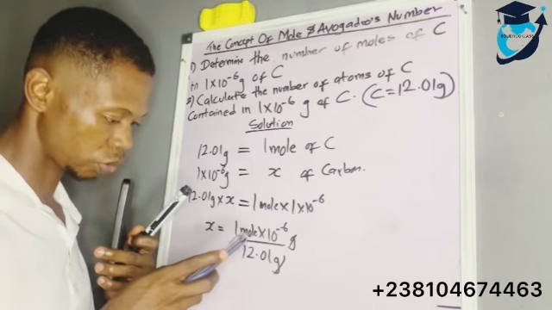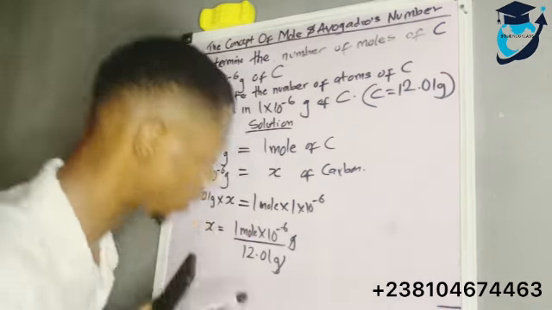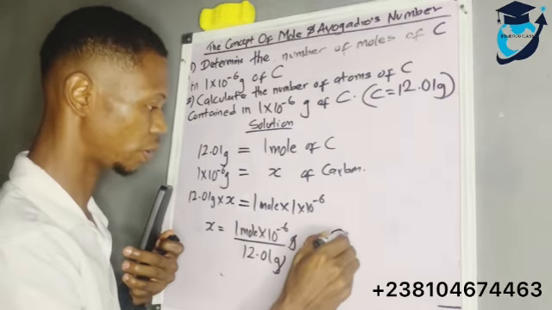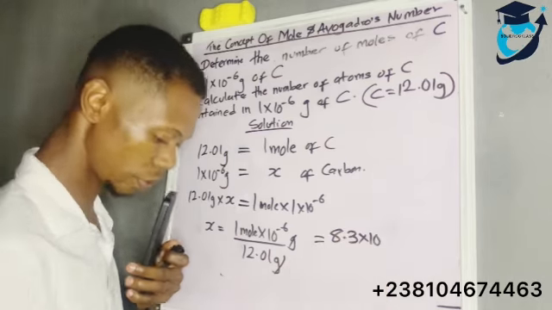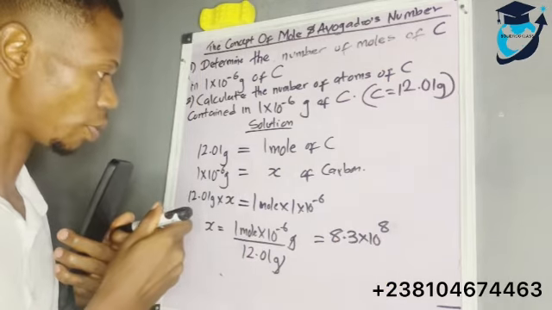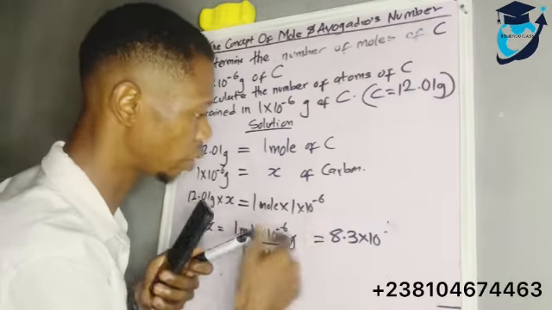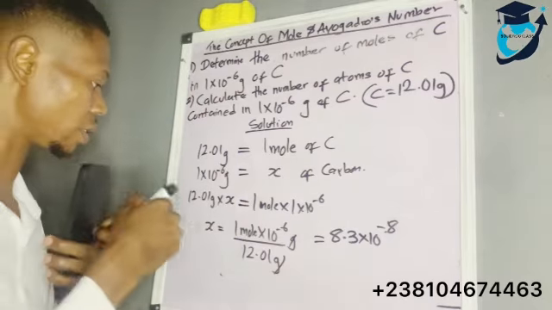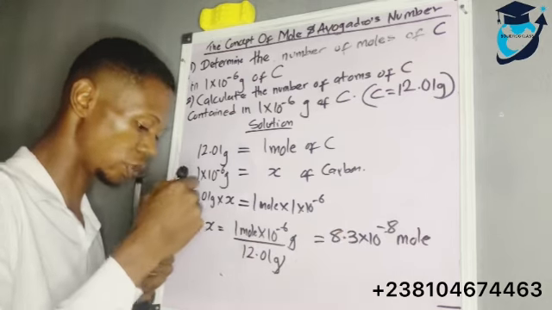We get 8.3 times 10 raised to minus 8. Alright. So we put the negative sign, raised to minus 8. So this is now what we get. And the unit here is mole. Of course, you see that gram has canceled out gram, so mole remains.